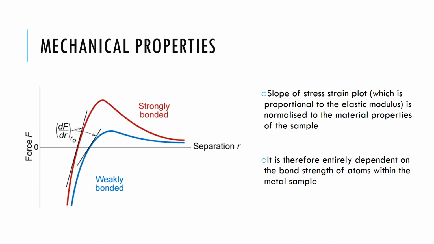So we've got this slope of our stress-strain plot. That's proportional to this Young's modulus or elastic modulus. That's therefore normalized to the material properties of the sample, because remember that we've divided stress by the cross-sectional area and divided strain by the length. And it therefore gives us information about the atomic bond strengths of atoms within a metal.